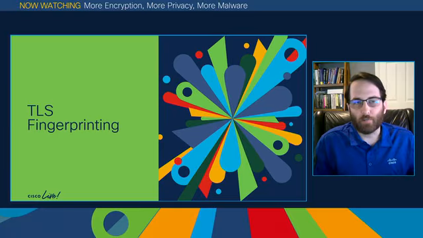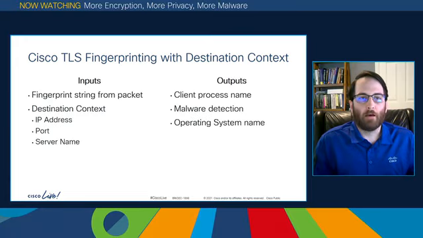Now I'm going to talk about our implementation of TLS fingerprinting. We have something we call TLS fingerprinting with destination context. Similar to other approaches, we derive a fingerprint string from the initial TLS client hello packet. We look at the offered version, cipher suites, and TLS extensions to generate our fingerprint string.